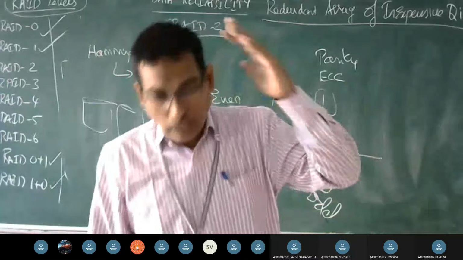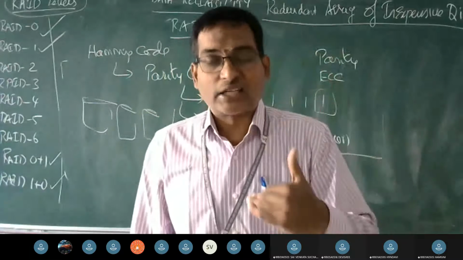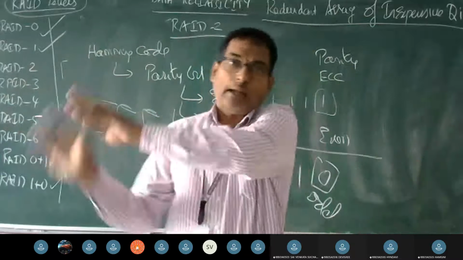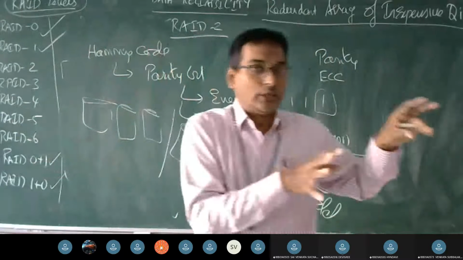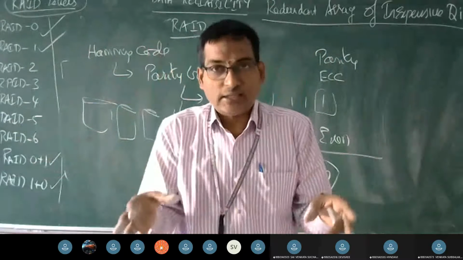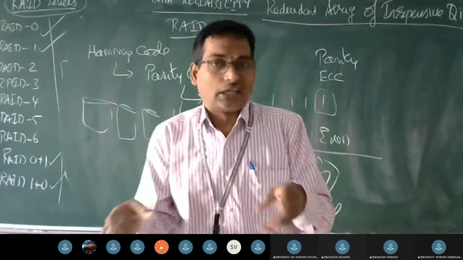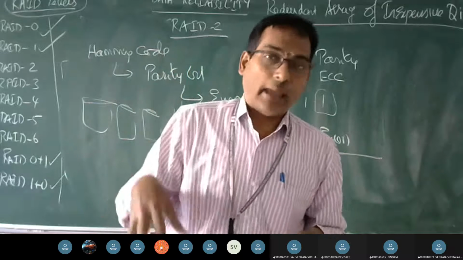Parity bits are also used for error detection or error correction during the transmission. There is a source computer, and the data has to be moved from the source computer to the destination computer. At that time, we need to supply error detection and correction codes so that no errors happen.